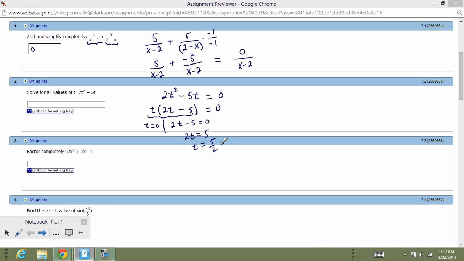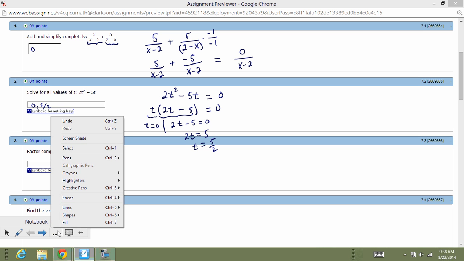Right? And so then from there, the way you insert that into your answer box is you put in the 0 in WebAssign, and then you put a comma, and then you put in your other answer, and you can enter it as a decimal or the improper fraction that we showed it as. So you could enter the 5 halves, say like that, or you could use 2 and 5/10 or whatever way you want to do that. Clean this up just a little bit before we move on to the next question.